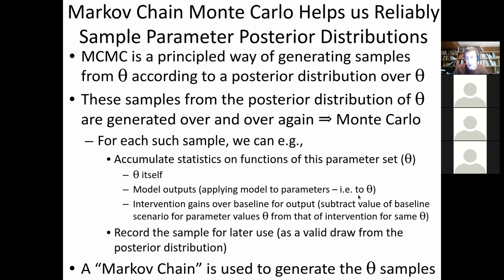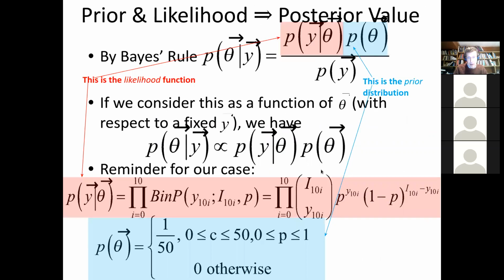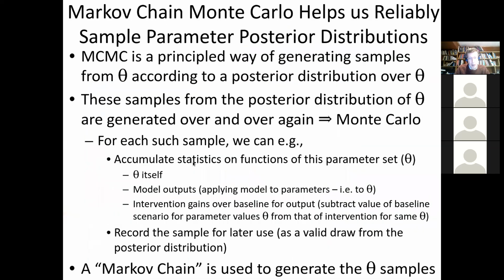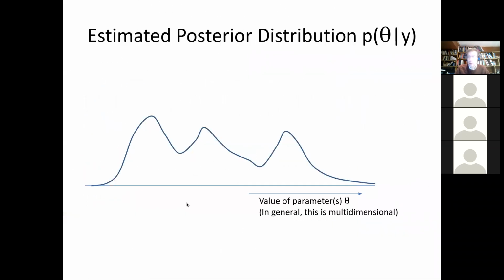We can evaluate it for any value of theta using this rule. It's proportional to it. There's some unknown constant we don't worry about, but we can evaluate it up to a constant at each of these places.